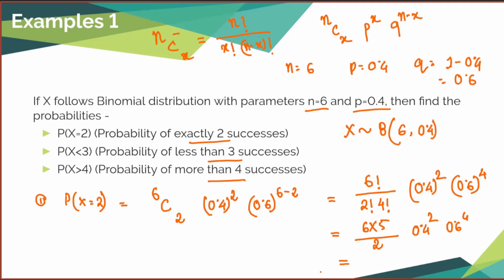So the ultimate value will be 0.31 approximately. So the probability of getting exactly 2 success in this scenario is 0.31, right?